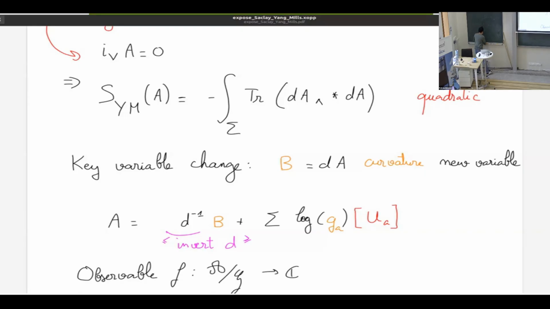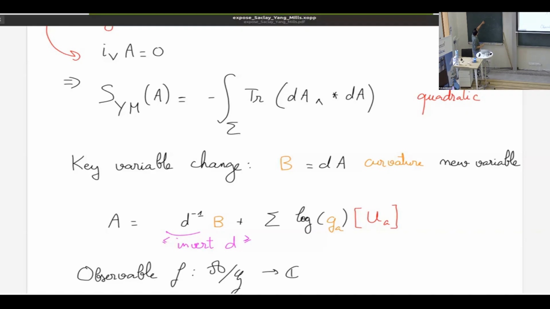So what you are going to do is make a change of variable. You are going to write your connection A as a certain, in fact, your change of variable involves setting B equals VA. So B is a 2 form, so it's a 2 form valued in the Lie algebra.